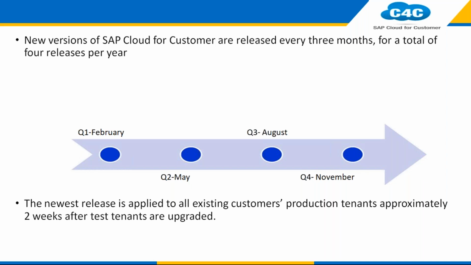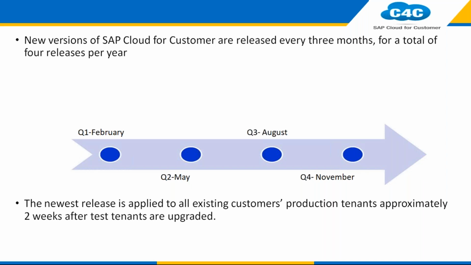How is it similar to S4 HANA? S4 HANA has SD, MM, FICO, PP, PM, lots of modules. Similarly, C4 HANA is a customer-centric offering and has lots of other modules apart from the C4C Sales Cloud.